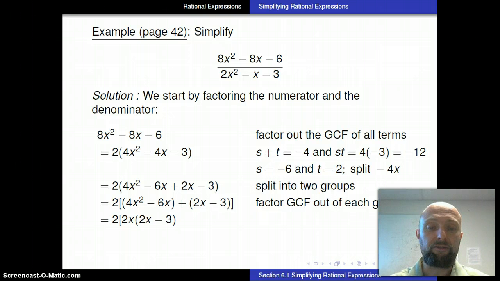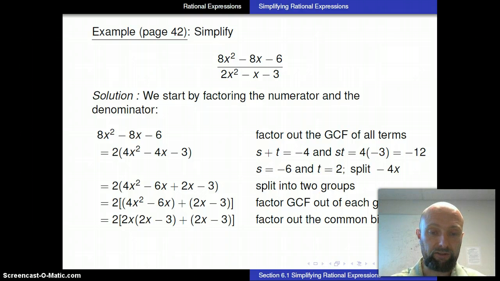For the second group, 2x and 3, the greatest common factor is 1, so we do not have to factor anything out. Next, we factor out the common binomial 2x minus 3 and are left with 2x plus 1. So we have the factorization of the numerator.